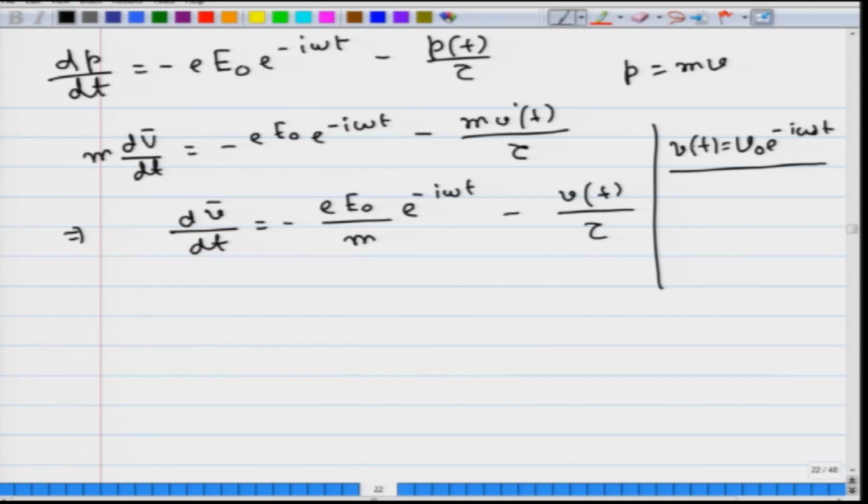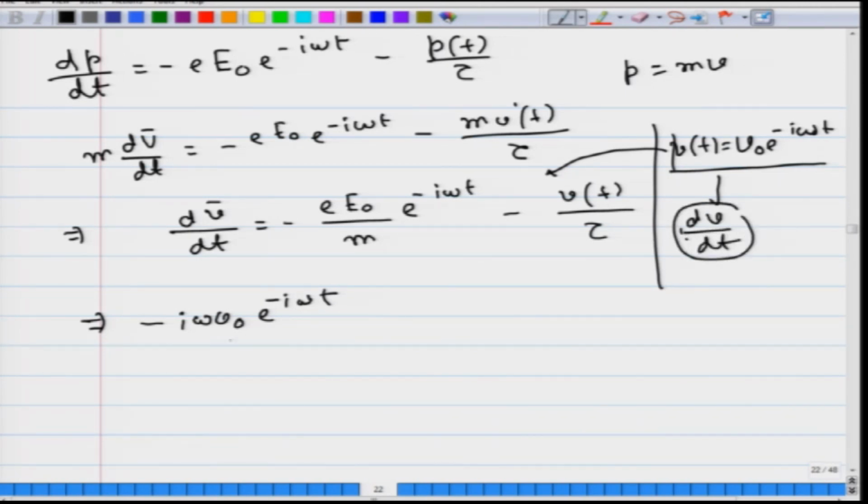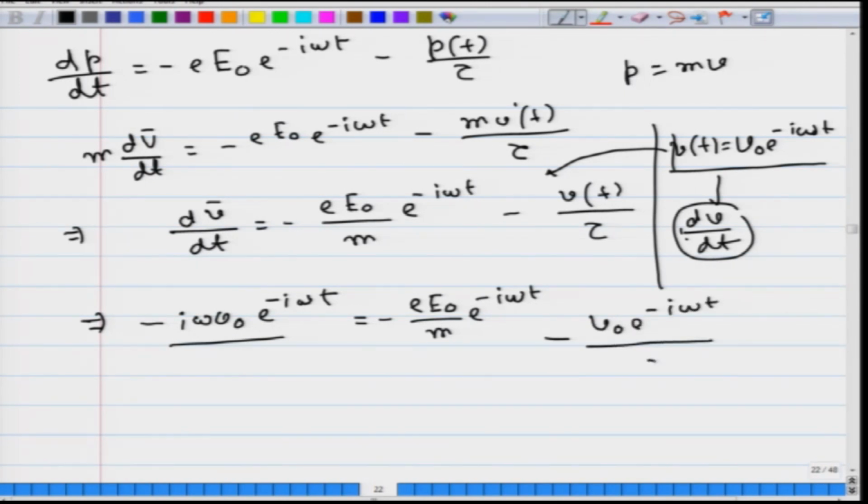We put this value of v(t) in the equation and differentiate. So, dv/dt gives minus i omega v naught e to the power minus i omega t, equals minus e E naught by m e to the power minus i omega t minus v naught e to the power minus i omega t by tau.